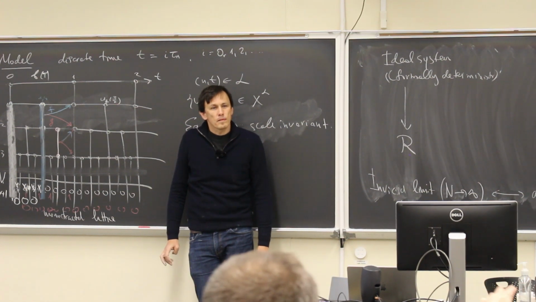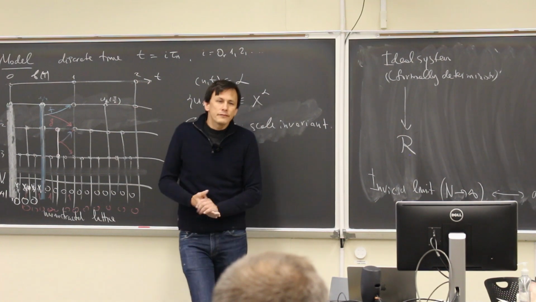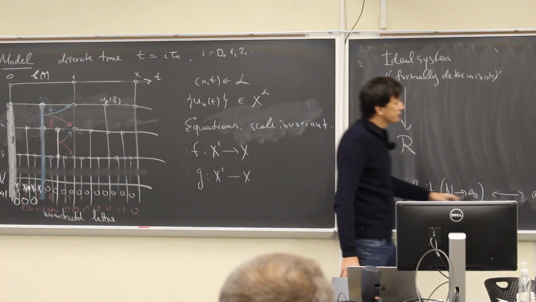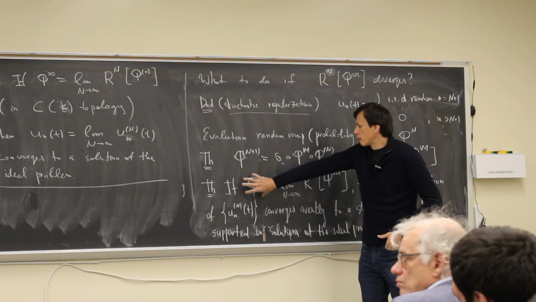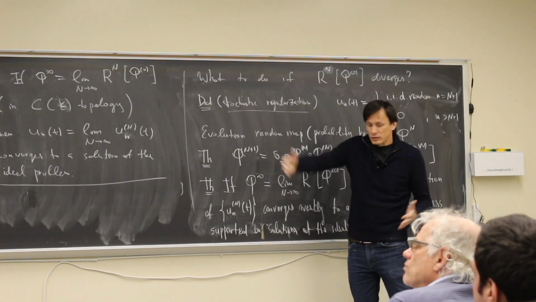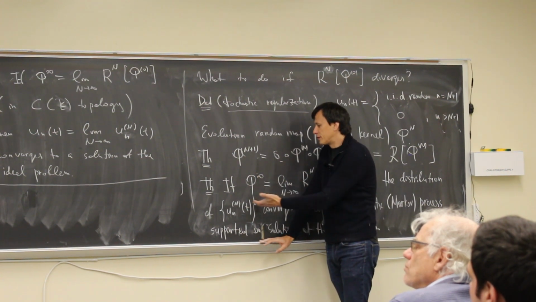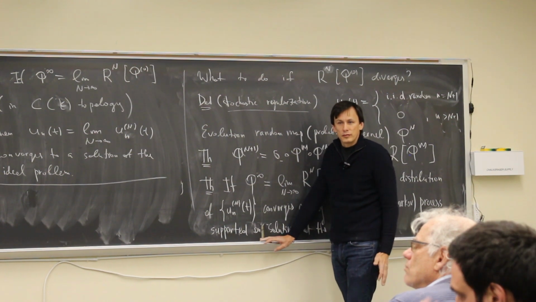Well, if in a fluid some regions are turbulent and some not, how does this fit into that? Well, this fits perfectly, because in the limit you get a certain probability kernel that gives you the dynamics, but it may be deterministic for some initial conditions and stochastic for others.